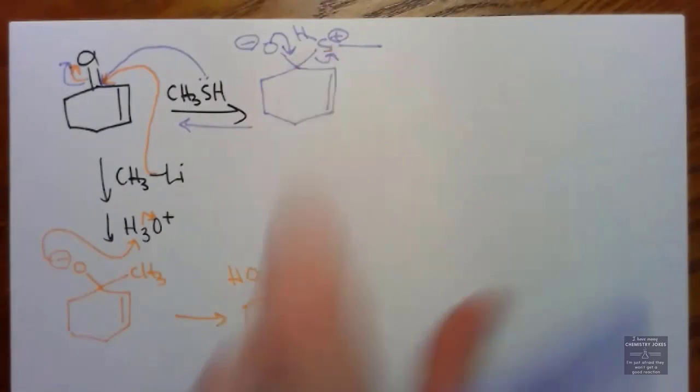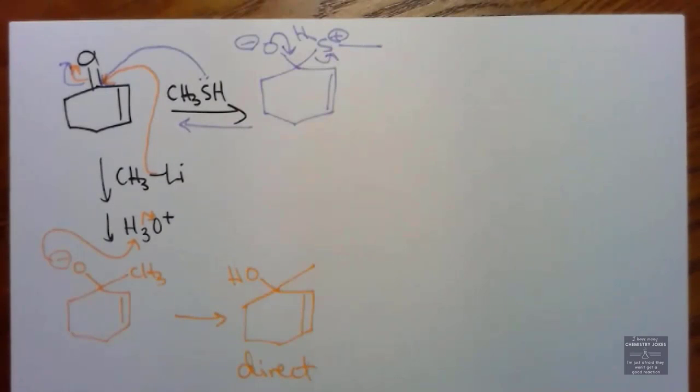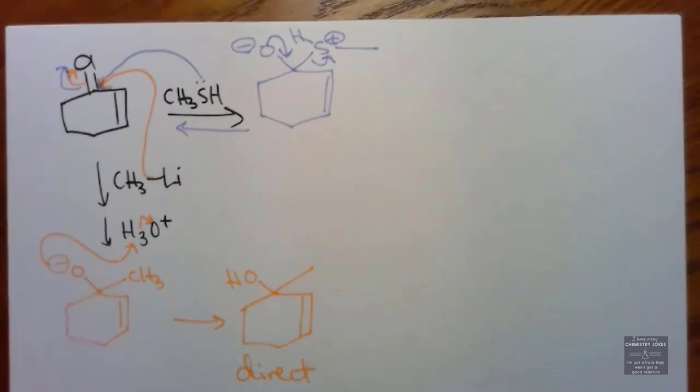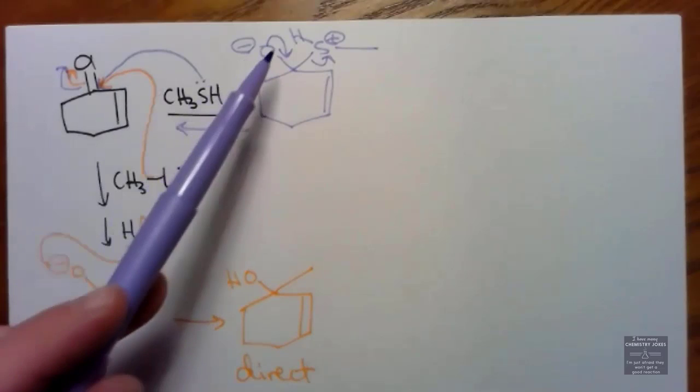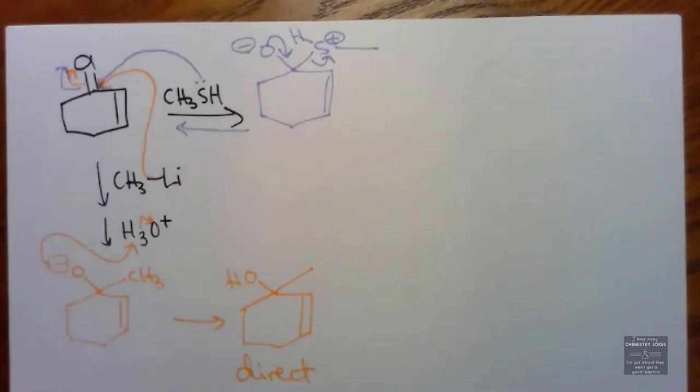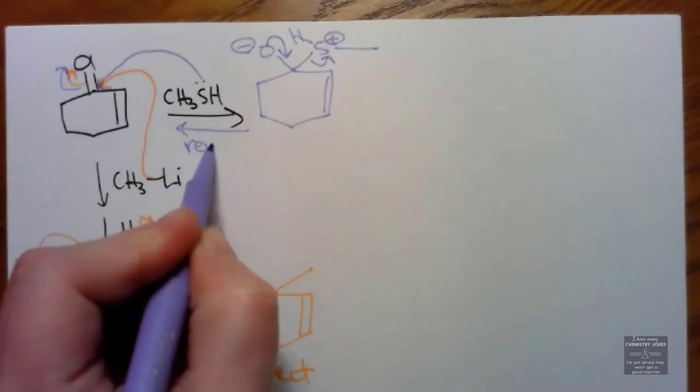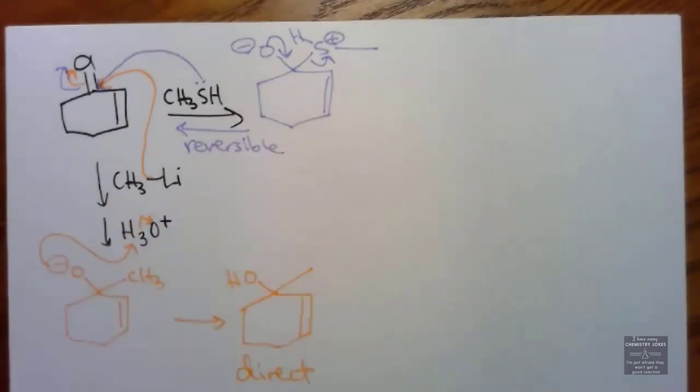Because kicking out an S is very easy to do. Is kicking out a methyl group, if we were to fold down and kick out a methyl minus, no. But kicking out an S is kind of easy, so we can fold down and kick out. This reaction is reversible. Because it's reversible, it can add, get kicked out, add, get kicked out, many times.